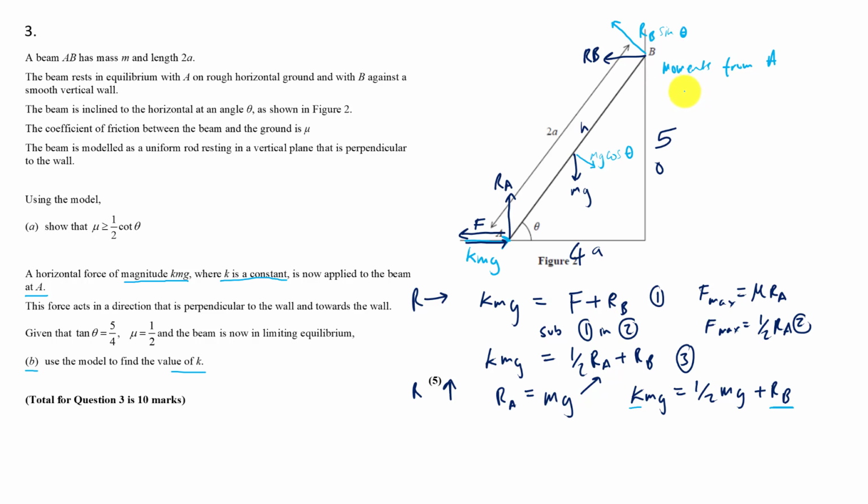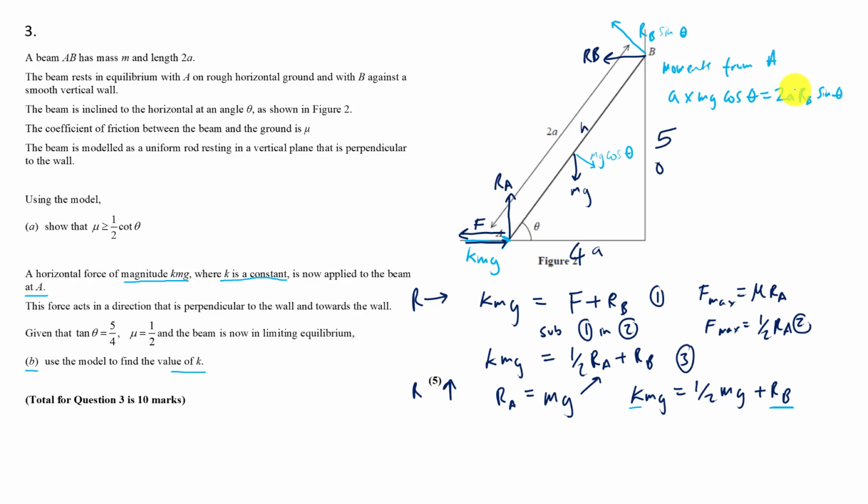Now that's the same as in part 3A, isn't it? So we're going to get A times mg cos theta is going to equal 2A, because that's the distance 2A here, times RB, reaction at B, sine theta.